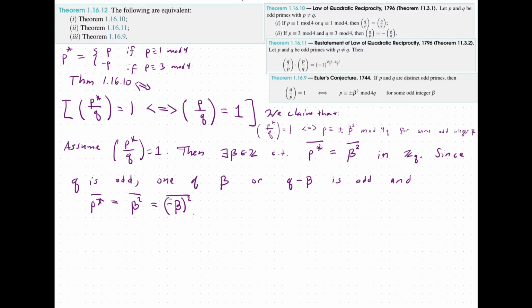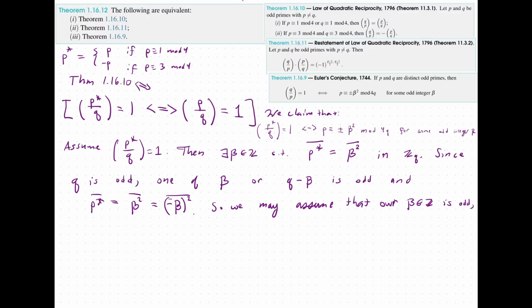So we may assume that our beta in the integers is odd. And so what I mean here is that we can go back to where we chose our beta, and now we can choose that beta to be odd. And so that's the one we're going to be working with.